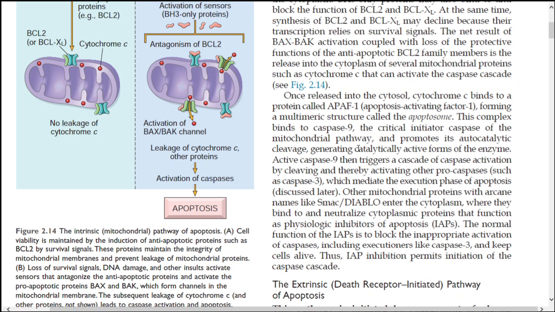Now this will bind to caspase 9, which is a critical initiator caspase of the mitochondrial pathway, and promotes its autocatalytic cleavage. So binding of the apoptosome to caspase 9 will promote autocatalytic cleavage, generating catalytically active forms of the enzyme.